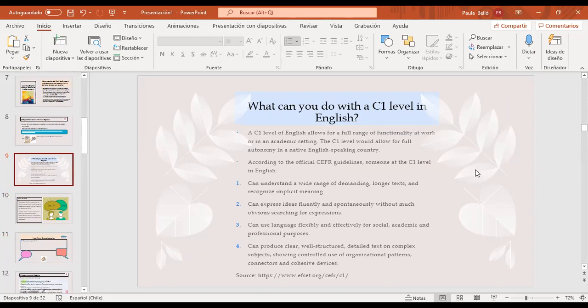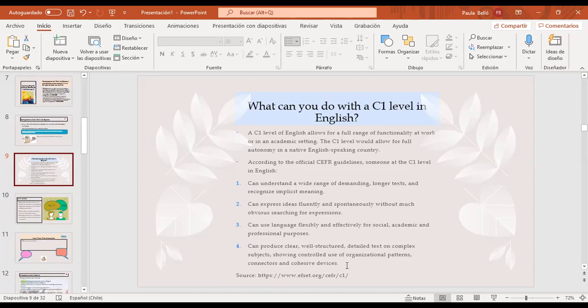Phoebe, exactly what you say. So speakers of other languages or also English speakers can understand what you mean effectively for social, academic, and professional purposes. So you can go to study in the United States and be able to do that, or just go to Disney World and understand the people there, or work, for professional purposes.